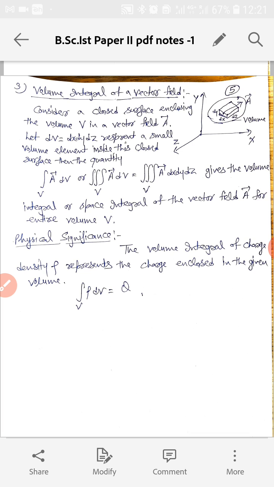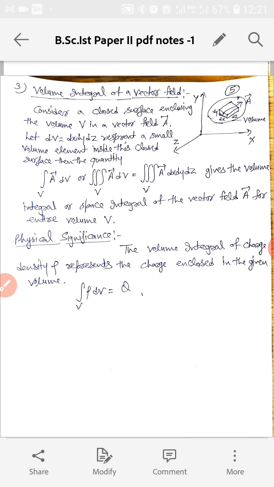Consider a closed surface enclosing the volume V in a vector field A. In the given field, in our XYZ Cartesian coordinate system, we have considered a closed surface which encloses the volume V inside that vector field A. The small volume element is dV equal to dx dy dz, and if we take the volume integral of A dV over the complete volume V, that will be this.